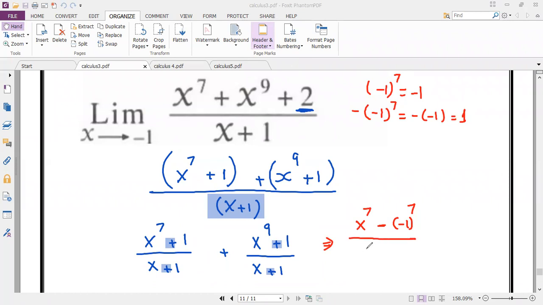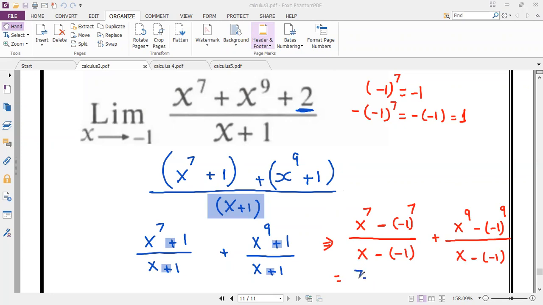All divided by x minus 1. It's the same because we have here 1 and negative times negative is 1. Plus, we will do the same here. It's x to the power of 9 minus 1 to the power of 9 divided by x minus 1. Then apply the law. We have two limits here. Divide the power by the power.